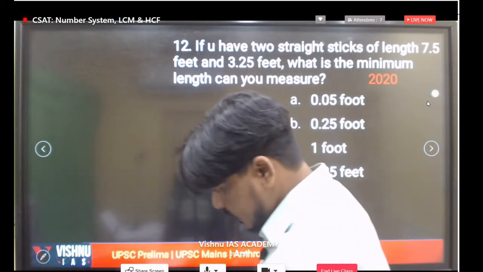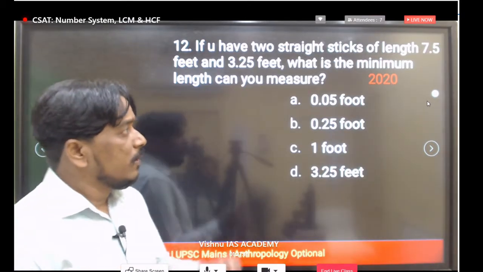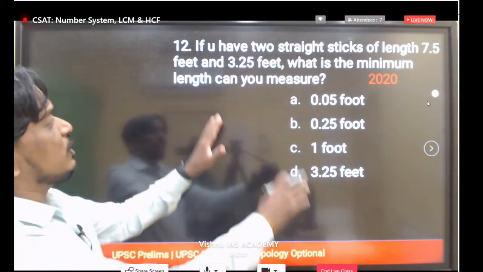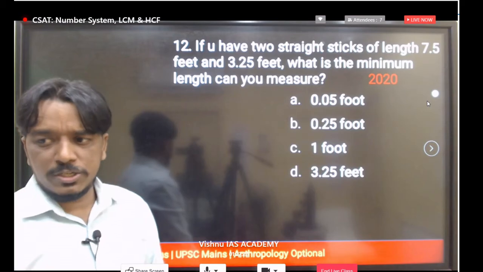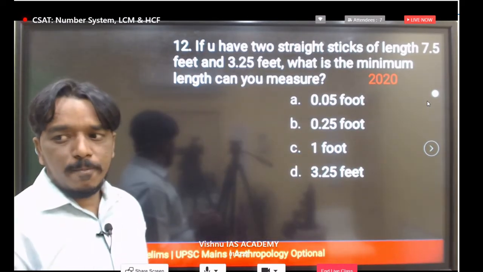But one more question if you see here, particularly very simple and easy concept. This is also 2020. Based on common sense also we can answer these type of questions. You can go with the LCM and HCF concept. Clear?